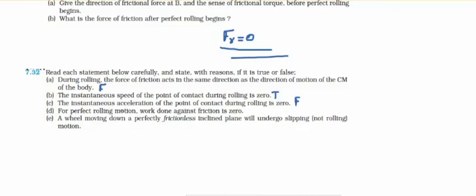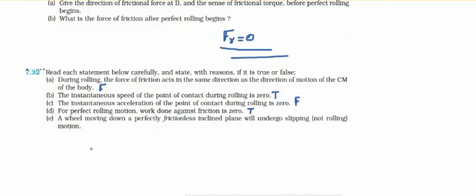Then part D: for perfect rolling motion, work done against the friction is zero. That is true. For perfect rolling, friction is zero. So work done against the friction is also zero. Then next part E: a wheel moving down a perfectly frictionless inclined plane will undergo slipping, not rolling motion.